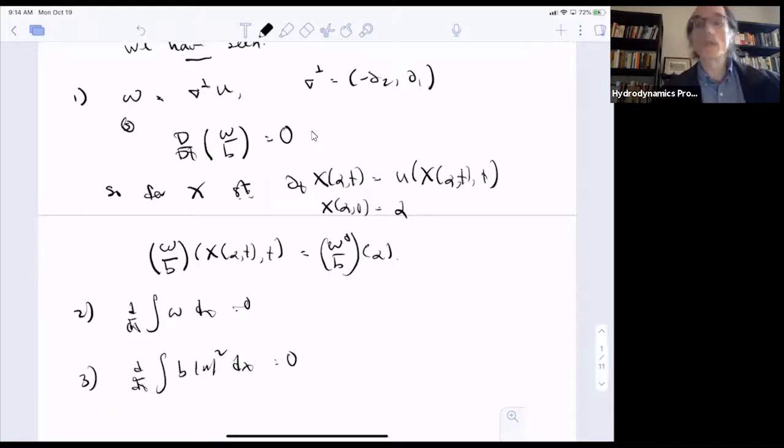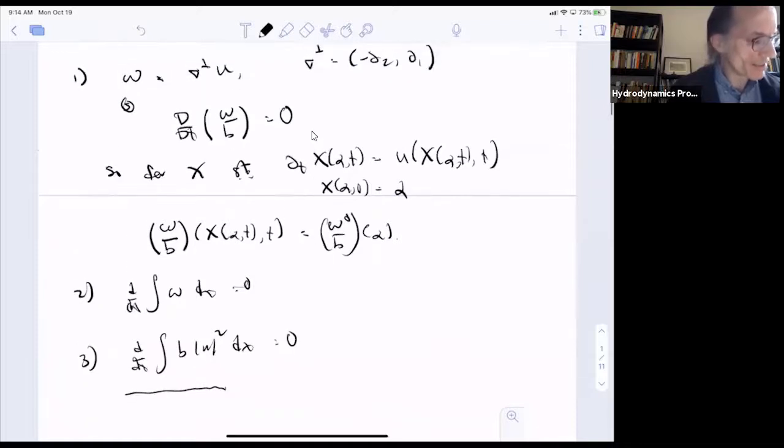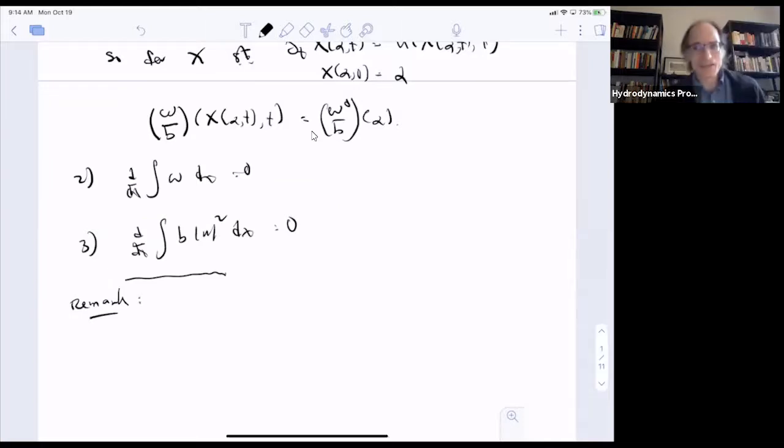Okay, so here's a remark: what does this divergence-free condition mean? For example, for Euler equations in this axisymmetric without swirl setting, we have that the divergence of r times u is equal to 0.